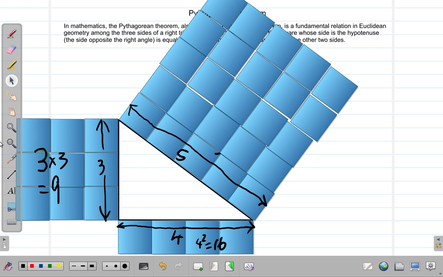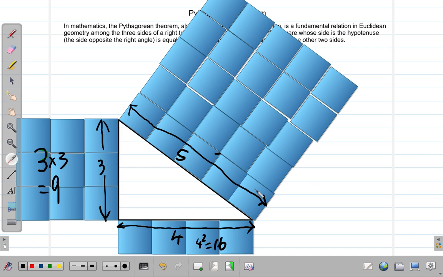So we have a total of how many now? 1, 2, 3, 4, 5, 6, 7, 8, 9. No. 1, 2, 3, 4, 5, 6, 7, 8, 9, 10, 11, 12, 13, 14, 15, 16, 17, 18, 19, 20, 21, 22, 23, 24, 25 squares.